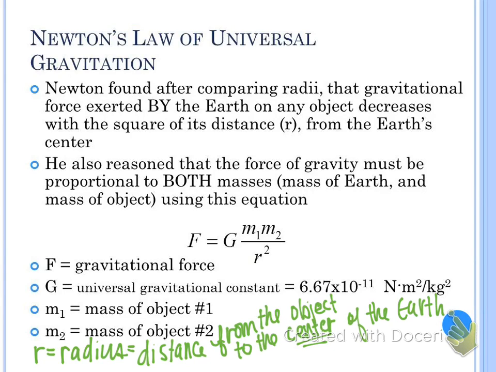If we're comparing something that's on the Earth's surface, we need the distance from the object to the center of the Earth, not to the Earth's surface. I will give you some numbers here pretty soon for the radius of the Earth and all that, but you need to understand that the R value here is from the object to the center of the Earth.